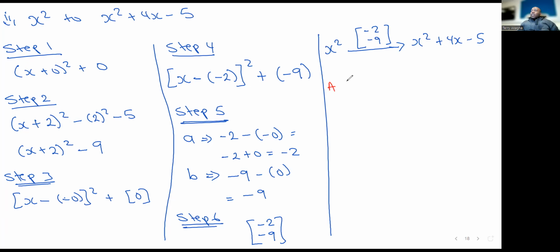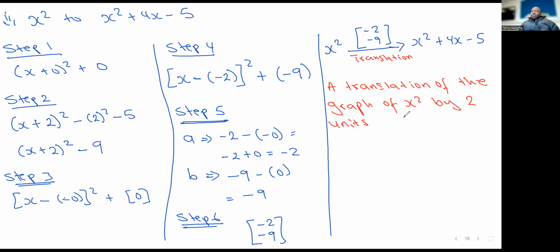So that means it's a translation of the graph of x squared, because it's a translation of the graph x squared by 2 units to the left, which means the negative x direction.